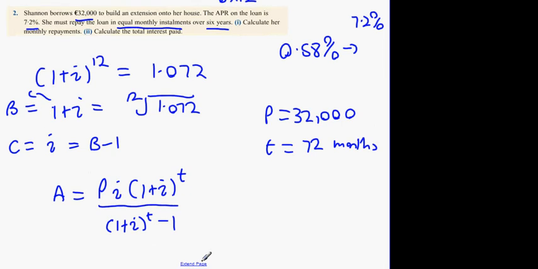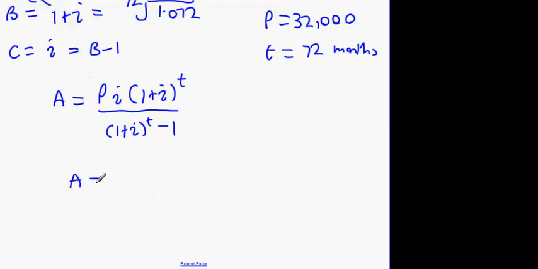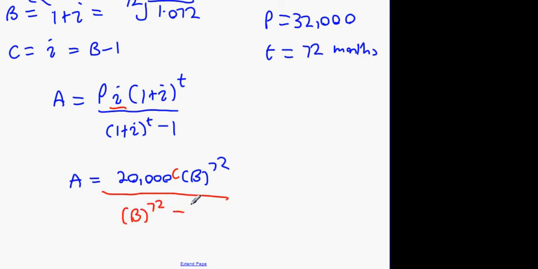So our A value therefore is going to be 20,000 multiplied by B to the power of 72. And don't forget our C value for I, all divided by B to the power of 72 minus 1.